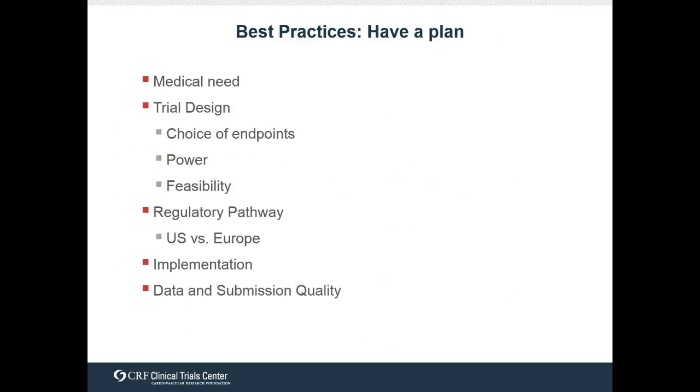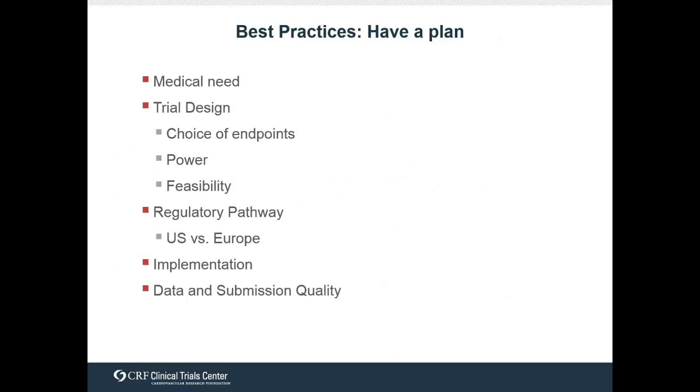Studies need to be adequately powered, but for us as we implement studies, most importantly, they have to be feasible in terms of ability to enroll, ability to collect good data, and actually have the patients be in the correct follow-up in order to have robust data when it comes to the day of panel in front of the FDA.